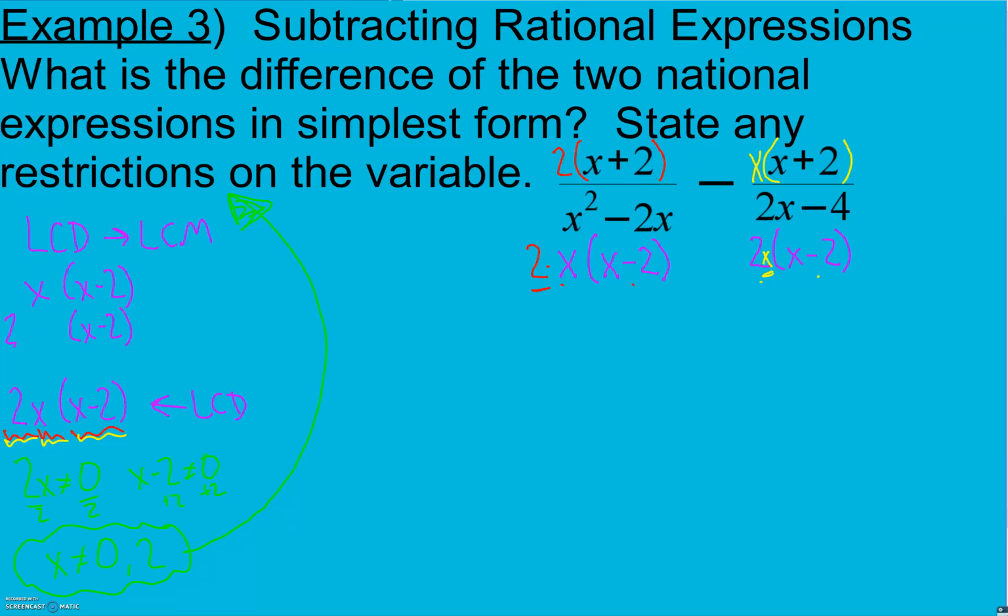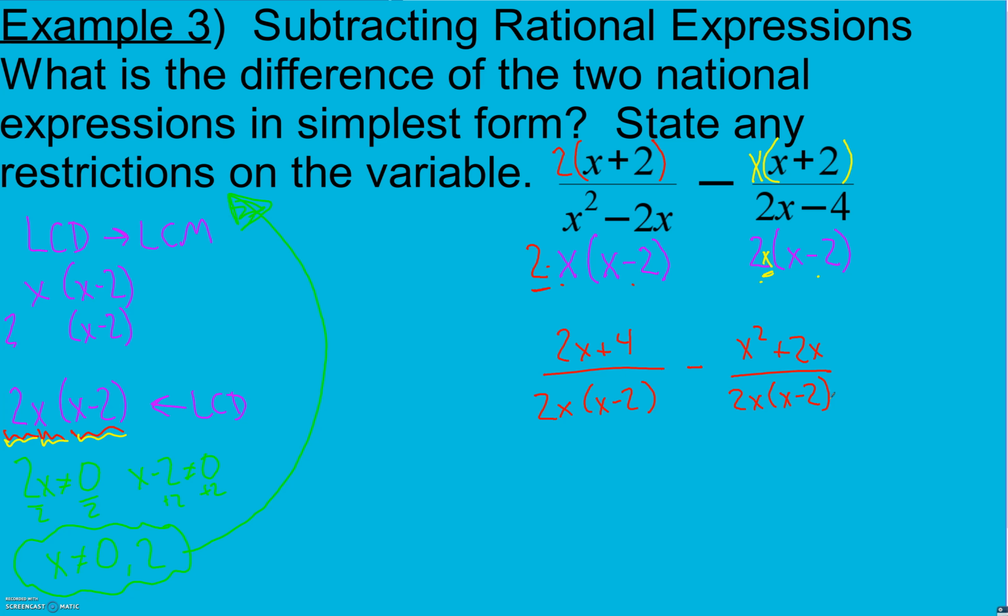So I'm going to go ahead and distribute and simplify my numerators right now. And what I have is 2x plus 4 over 2x, x minus 2, minus, my second fraction is going to be x squared plus 2x over 2x, x minus 2. So far, absolutely nothing is different between subtraction and addition.